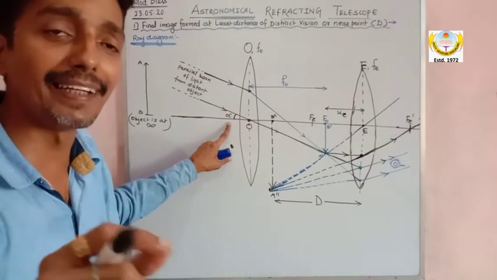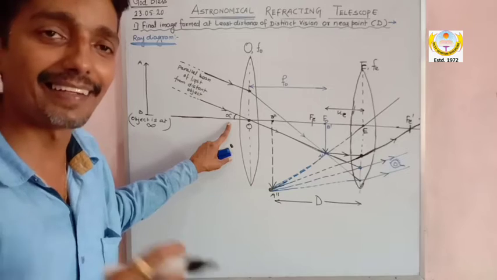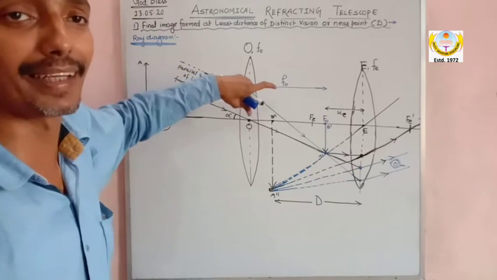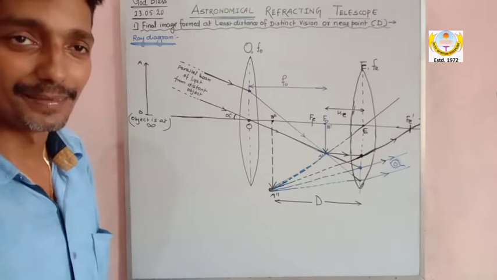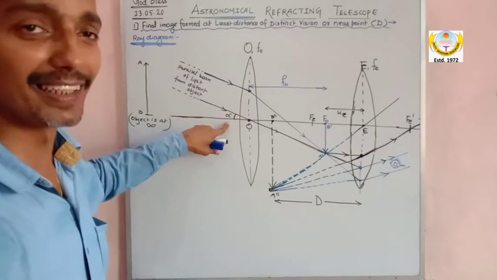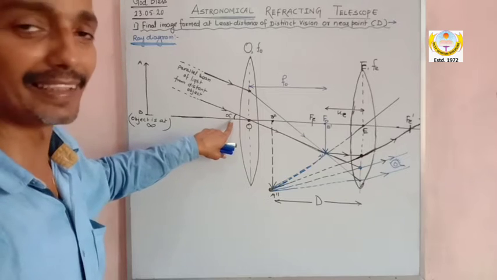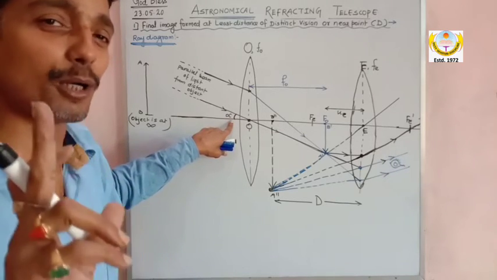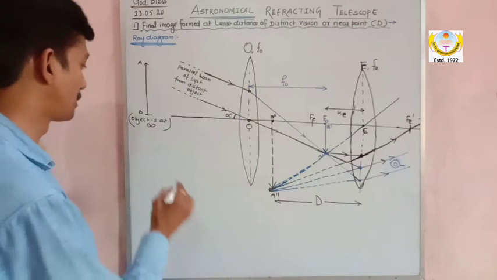That is, it subtends an angle, and that angle is alpha, because it is subtended by the distant object. So please take care in this topic. Don't draw this diagram.